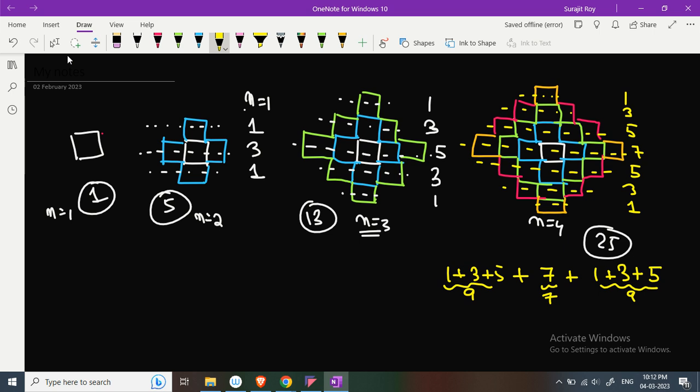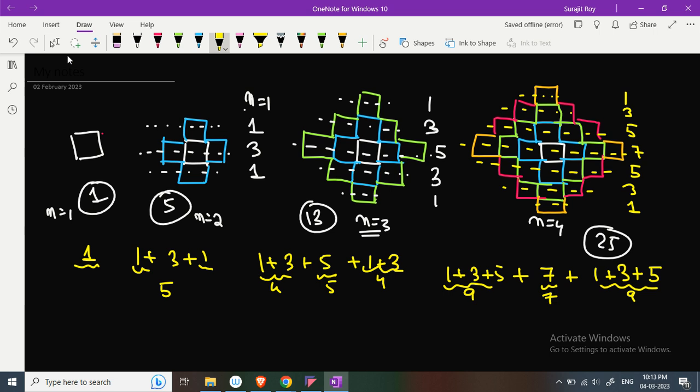But again, let's see this case. So 1 plus 3 plus 5 plus 1 plus 3. Again 1 plus 3 gives 4 and this gives 5. So 4 plus 4 plus 5 is 13, no doubt. And for this case, 1 plus 3 plus 1, so this is giving us 5 and this is 1 as the base case.